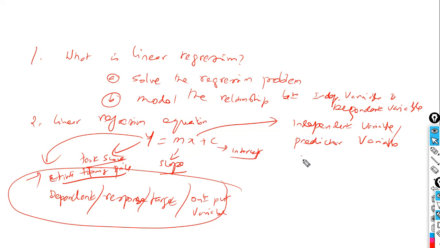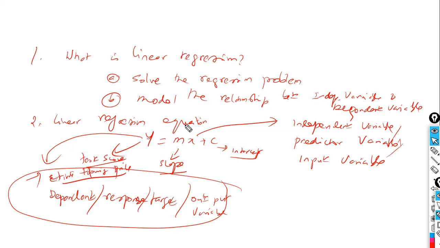Independent variable, predictor variable, input variable. So the single thing is represented in different ways. And with the help of X, the independent variable, we can make a prediction about our dependent variable.